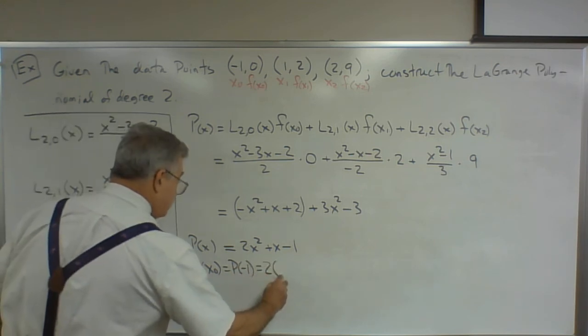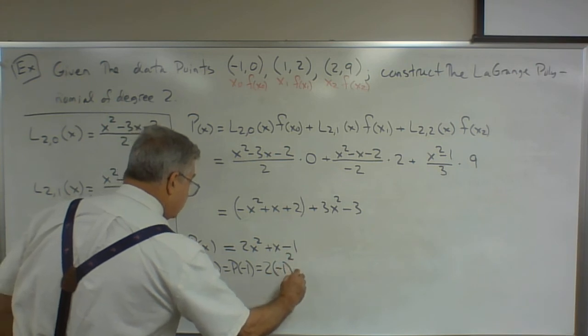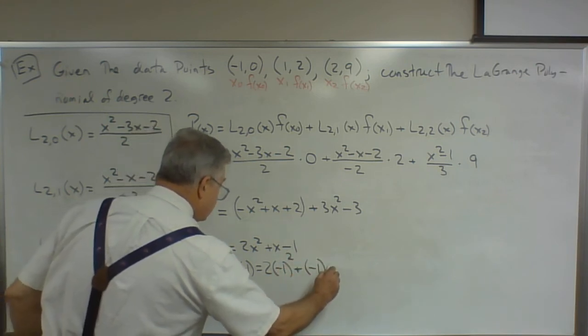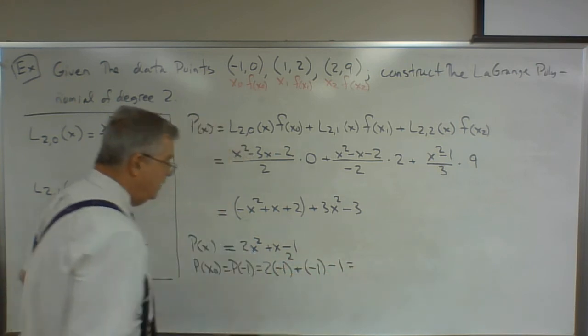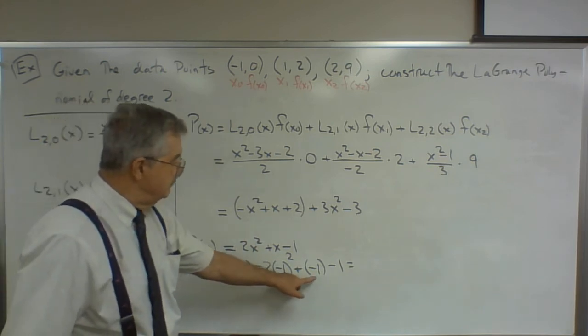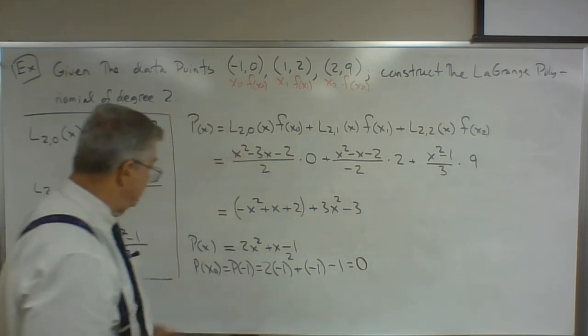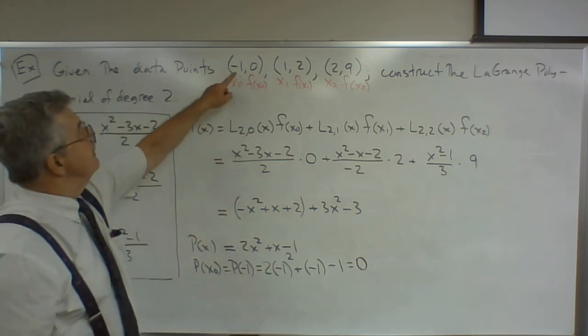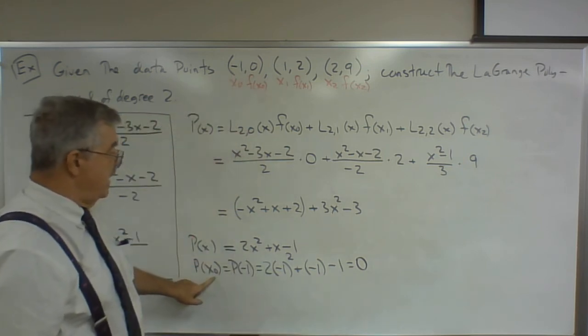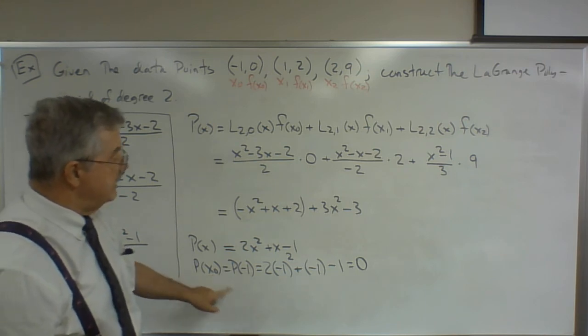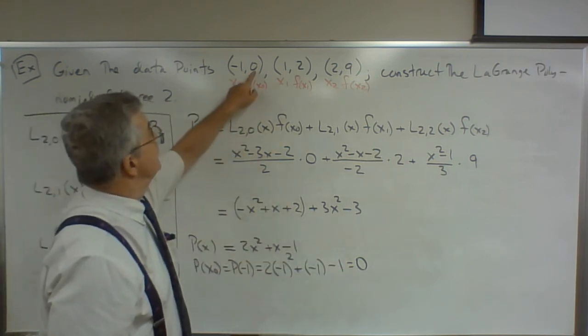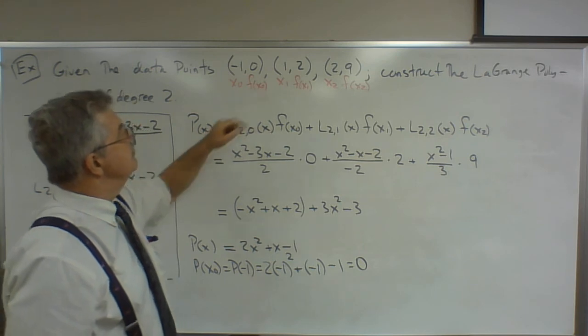So we'll have 2 times negative 1 squared plus negative 1 minus 1. So we have 2 minus 1 is 1, minus 1 is 0. So x0 is negative 1, and P of x0 is 0, which is what f of x0 should be.